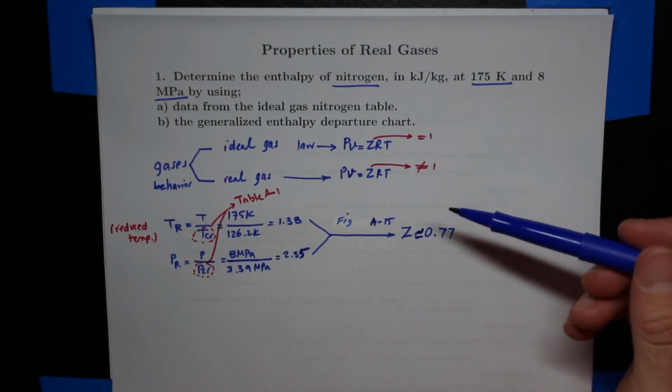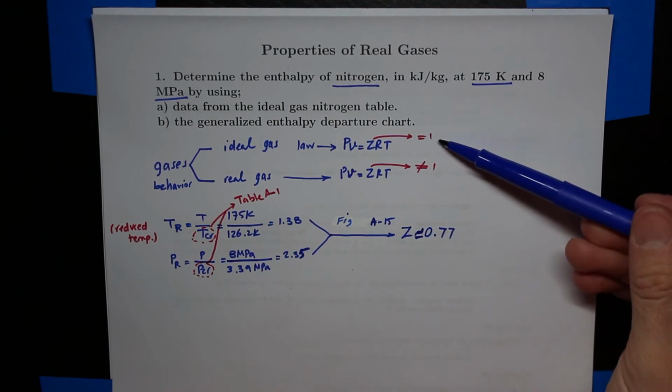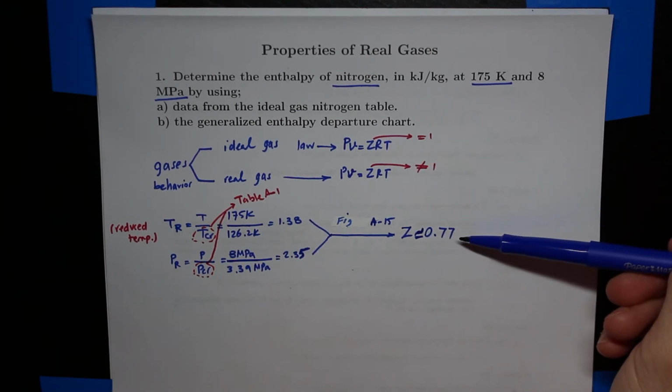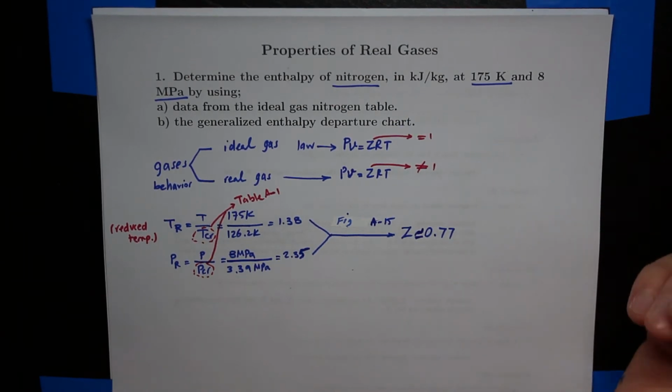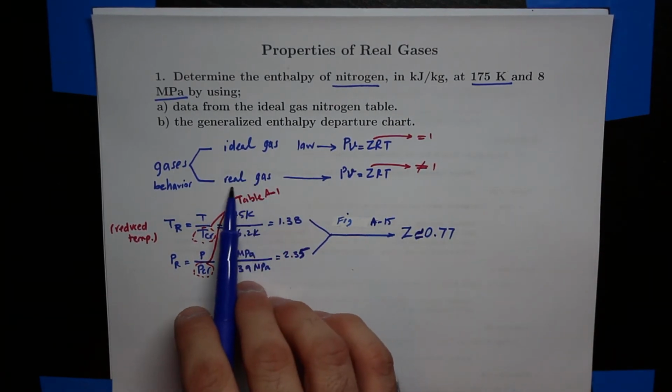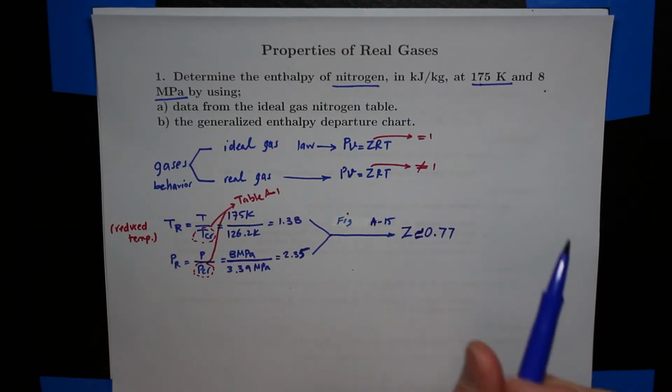Now, if I get back into here, we will see that z is not equal to 1, obviously. It's different from 1. So definitely nitrogen is not behaving as an ideal gas. So nitrogen is behaving as a real gas in this condition, at this temperature and this pressure.